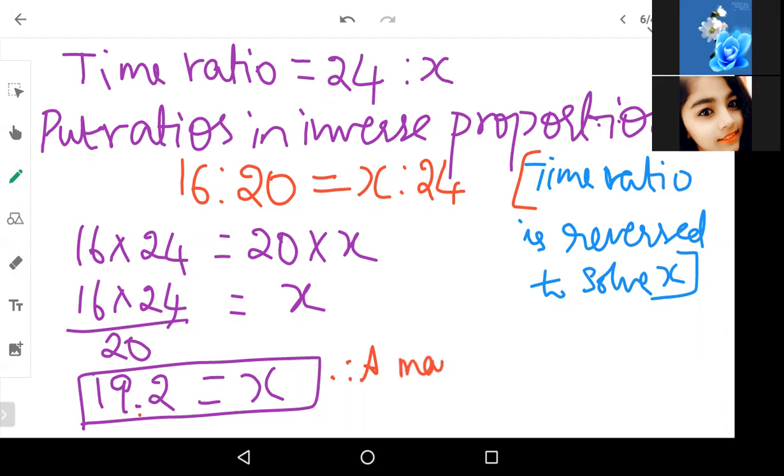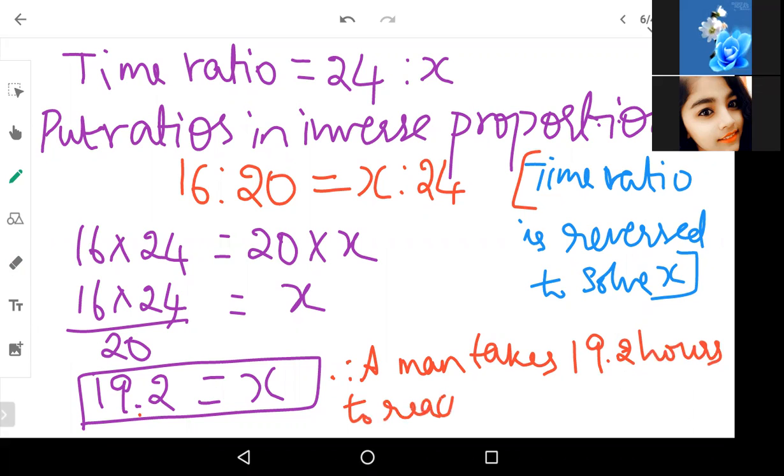A man takes 19 hours and, or you can just write 19.2 hours, 19.2 hours to reach town at 20 kilometers speed.